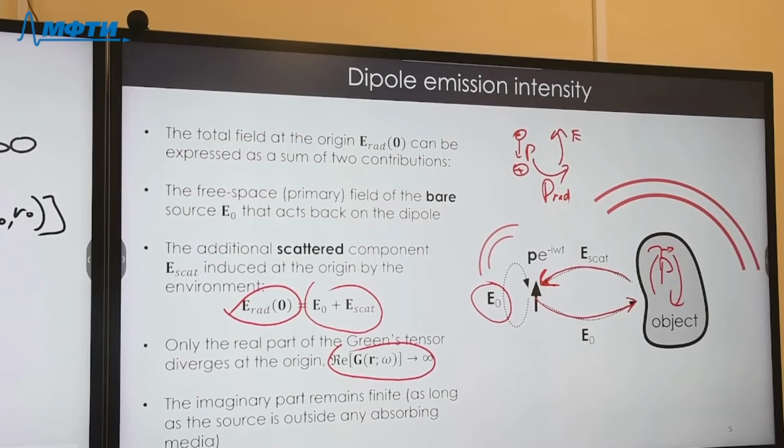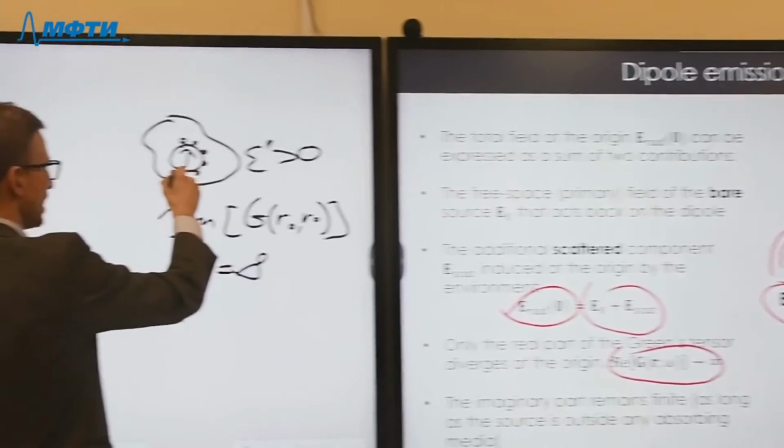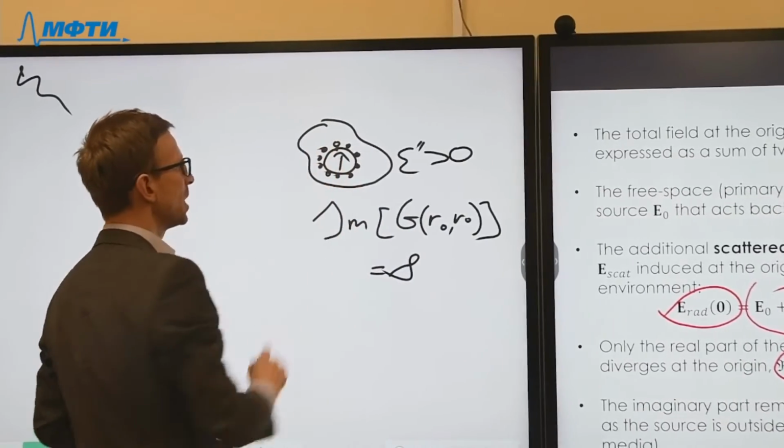But that's not true in reality, because in any real physical system, any source of radiation has a finite size. And at that point, we need to consider the discrete structure of matter surrounding the dipole. In this case, the atoms or molecules, the absorbing bits of matter that constitute this absorbing material, will be located only at a finite non-zero distance away from the dipole.